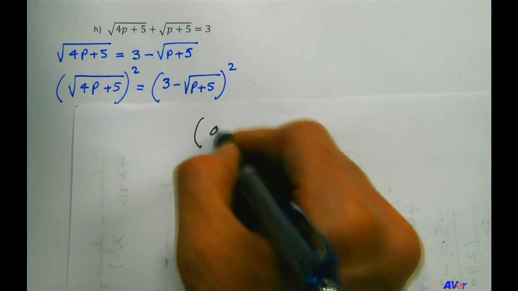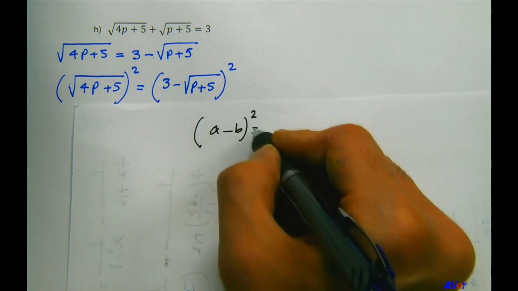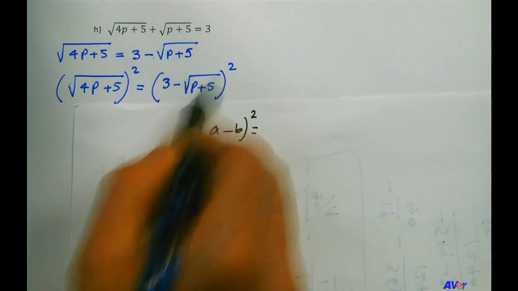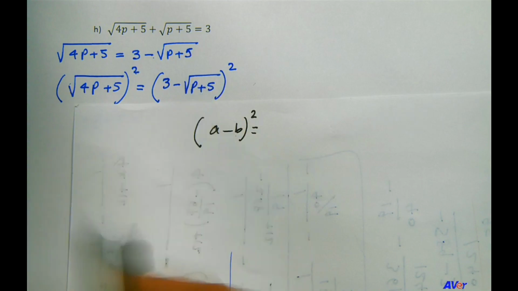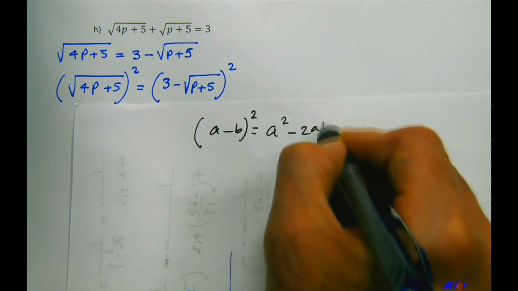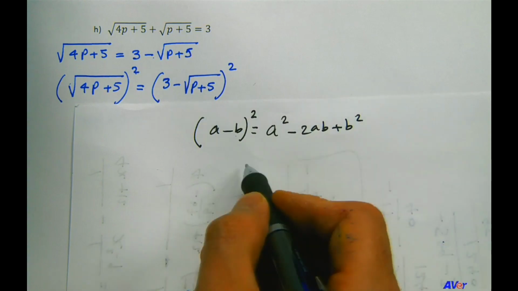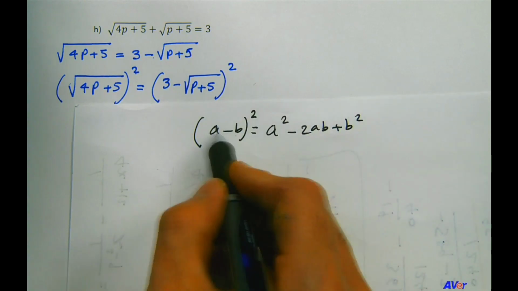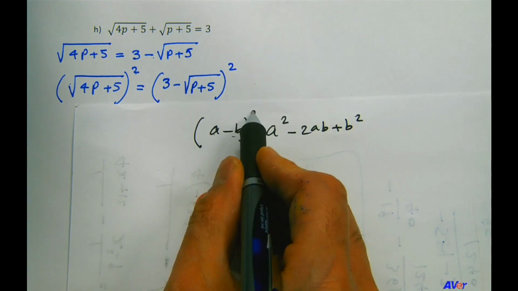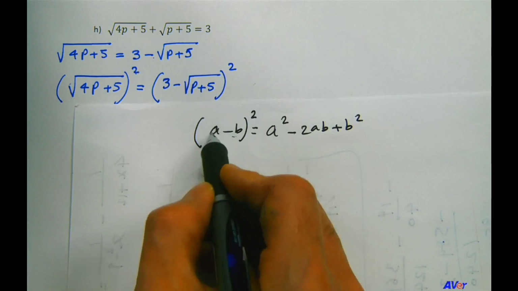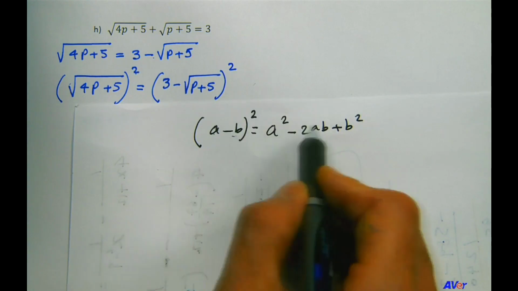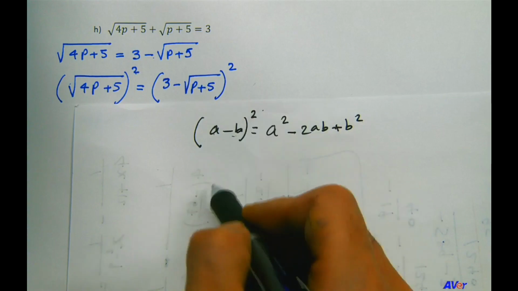We have a minus b squared, where in this case b is the whole thing, square root of p plus 5. A minus b squared is a squared minus 2ab plus b squared. So the first term gets squared, minus 2 times the first term times the second term, plus the second term squared.